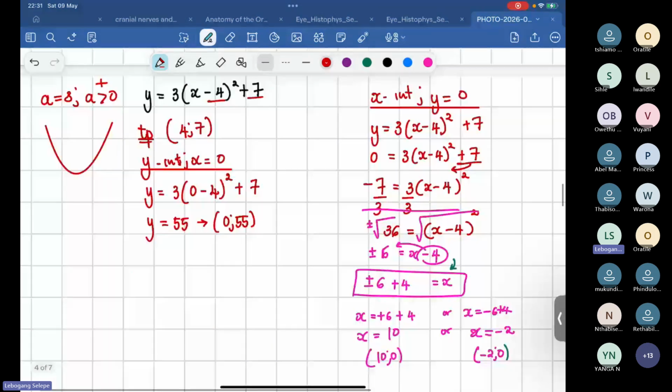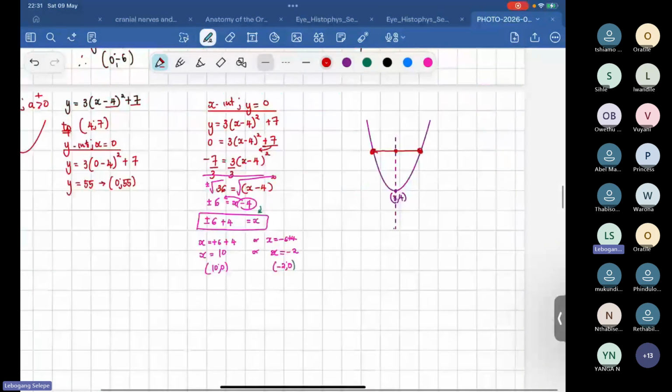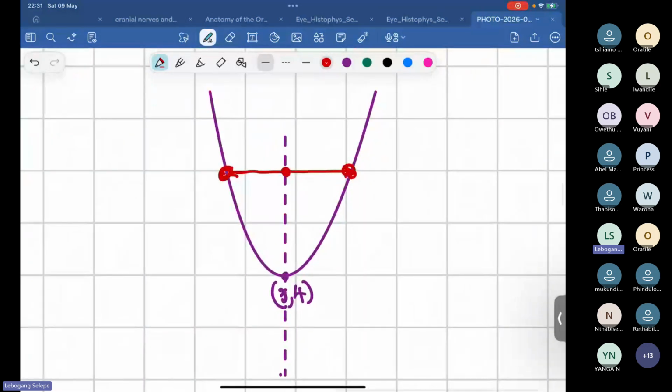So that's why it's important to understand the axis of symmetry as a line that cuts through any line segment made by any 2 points on the same extremes. And then what else did I want to say about the turning point?